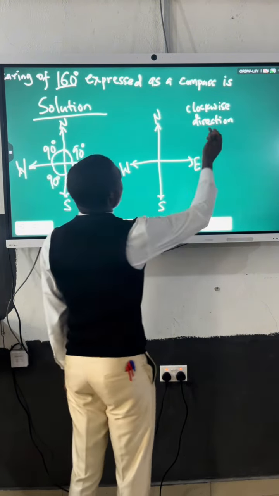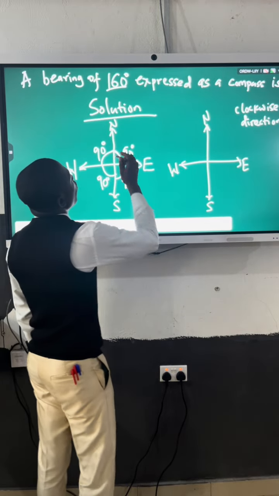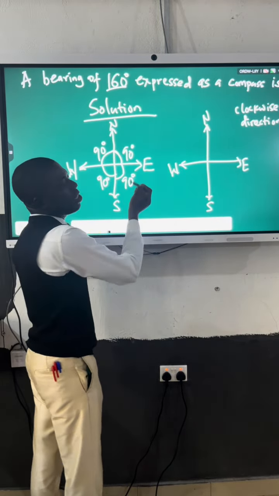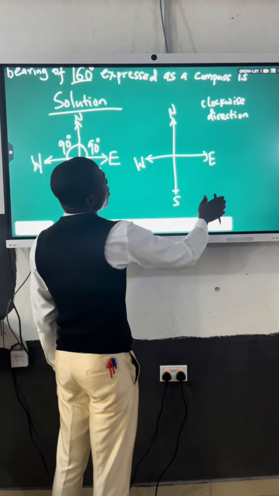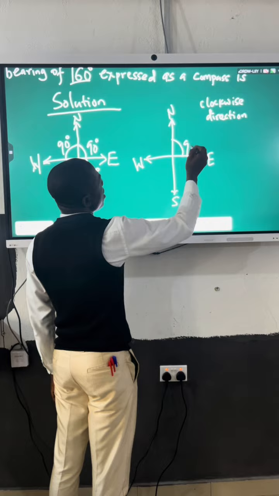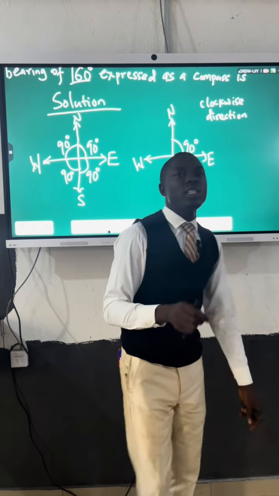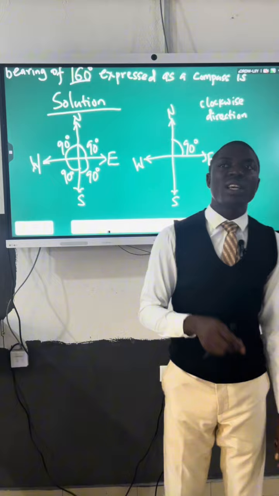So we want to have this together now. Remember this thing I showed you? If you move from north to east like this, it is 90. We want to cover 160, so we move from here to here. You have 90 already. What do you add to 90 to get 160? It's 70 degrees.